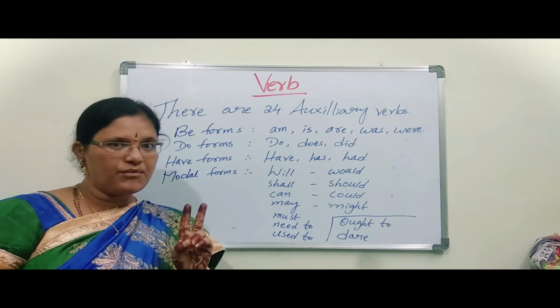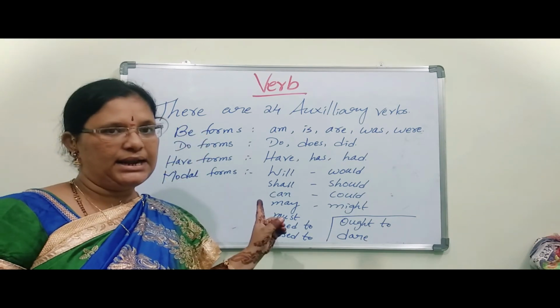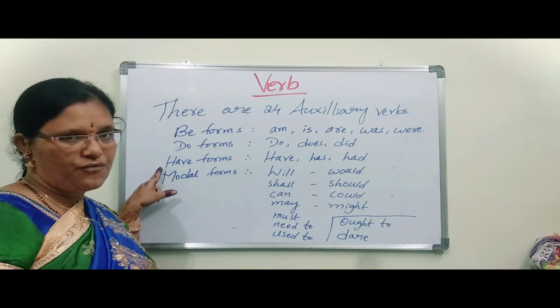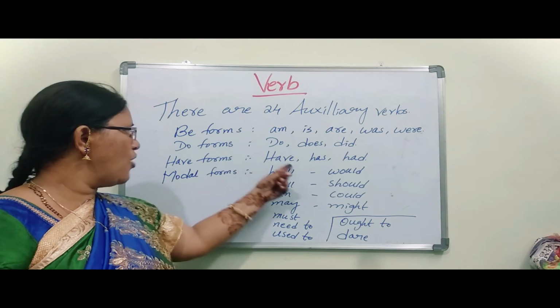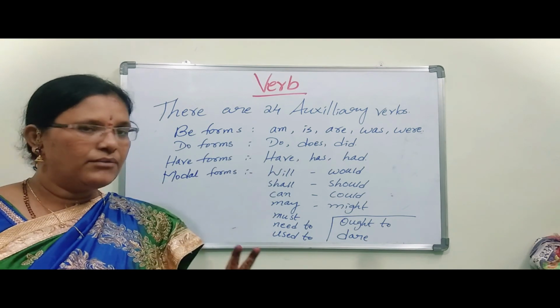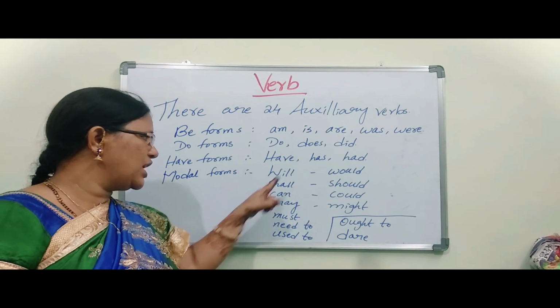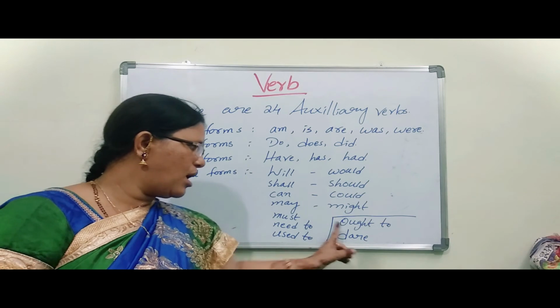There are two types of auxiliary verbs: primary and secondary. Primary means be, do, have forms. Secondary verbs are the modal forms: will, would, shall, should, can, could, may, might, must, need to, used to, ought to, dare.